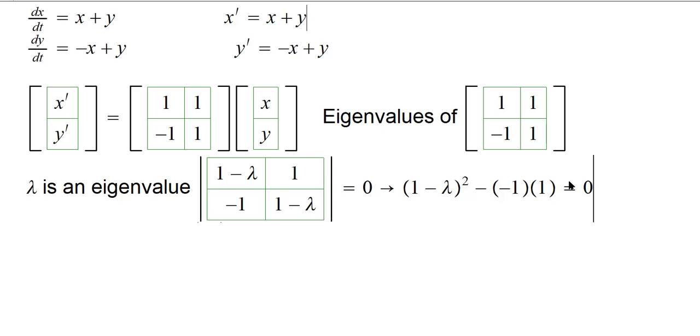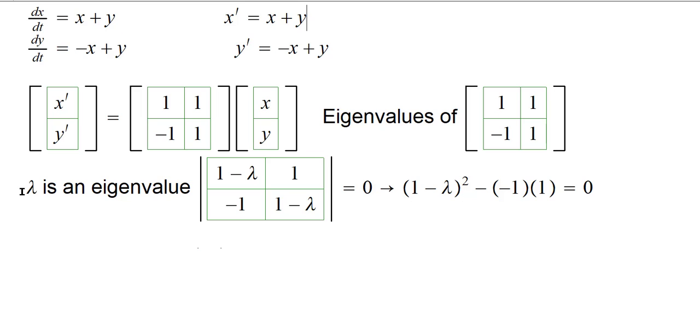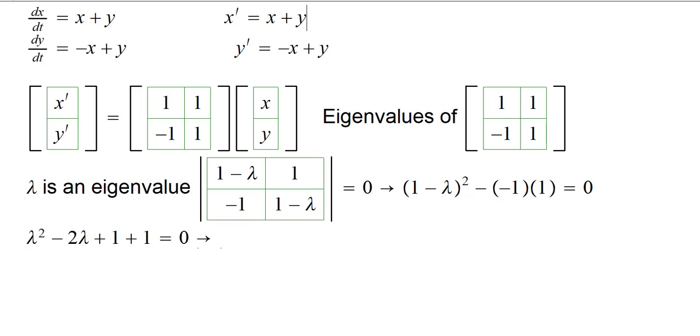So this will be 0, which means that if we FOIL this, what we get is lambda squared minus 2 lambda plus 1, and then here this becomes plus 1 equals 0, which gives us lambda squared minus 2 lambda plus 2 equals 0.